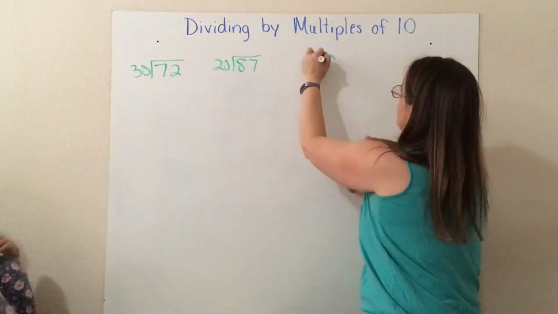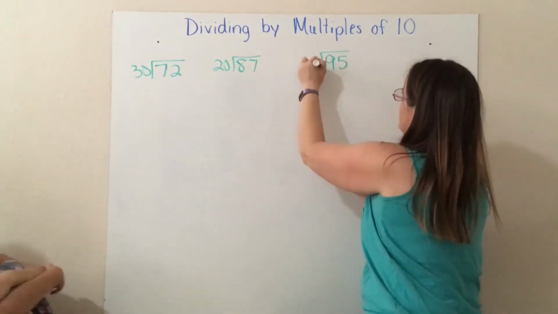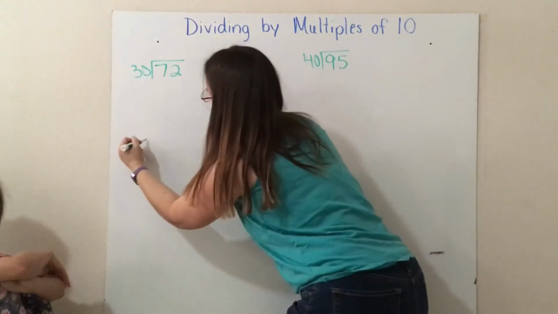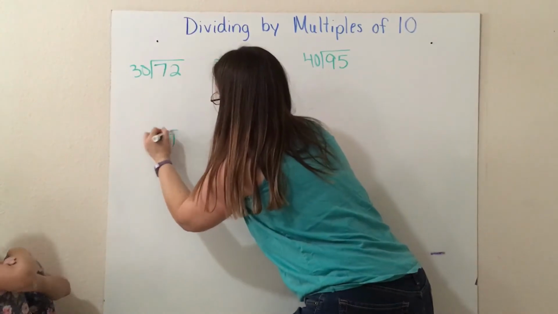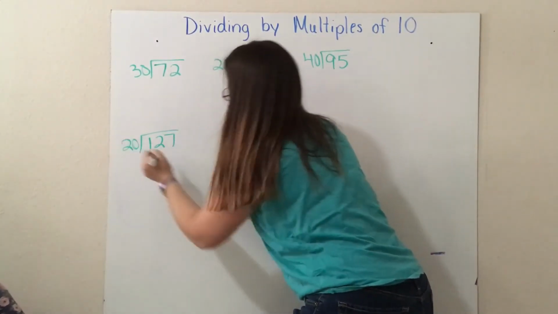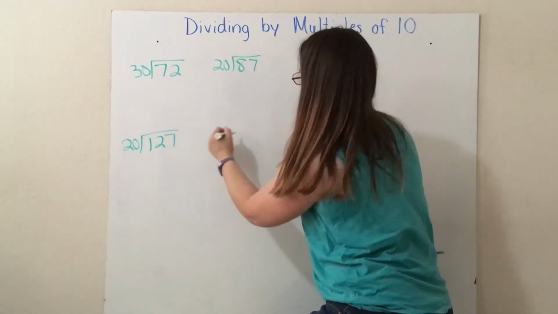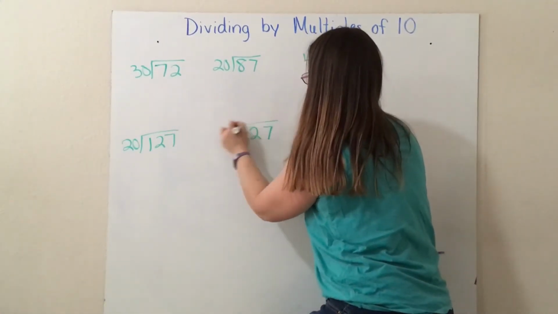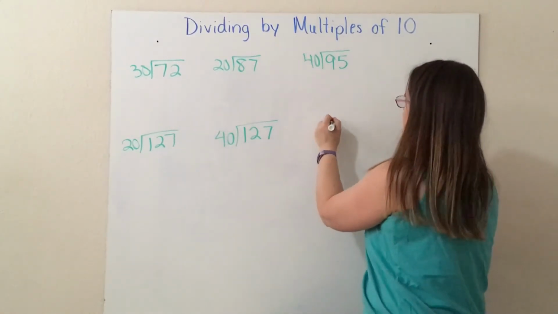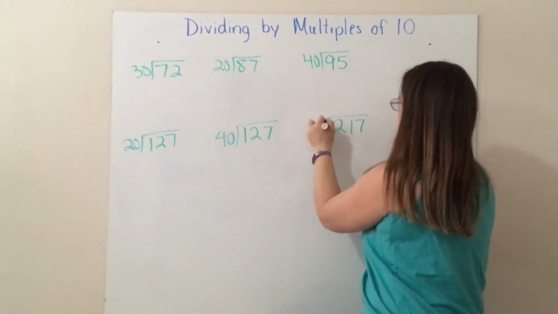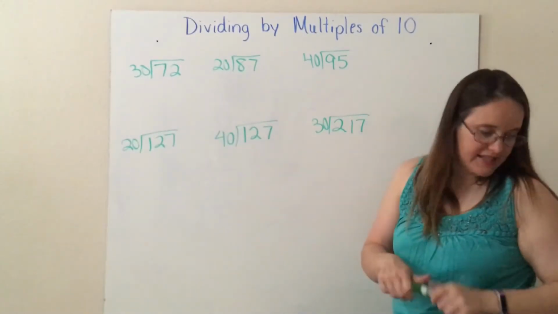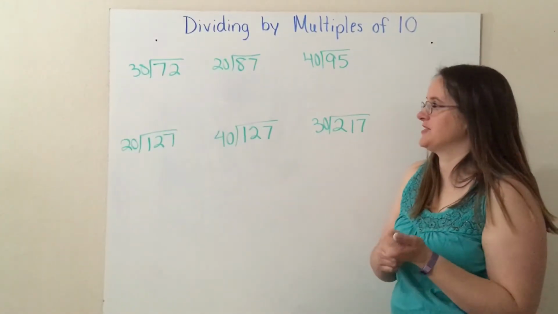We have 95 divided by 40. 127 divided by 20. 127 divided by 40. And 217 divided by 30. So try those problems and then hit play and we'll go over the answers together.